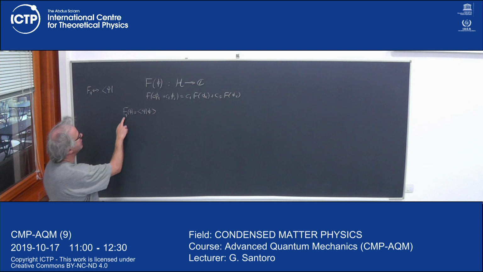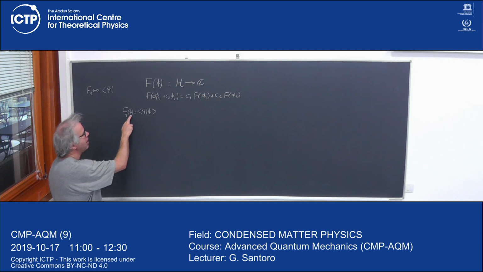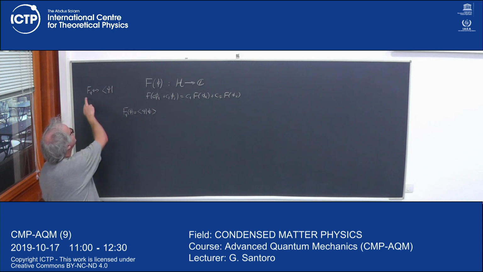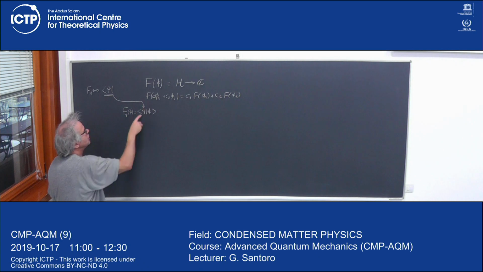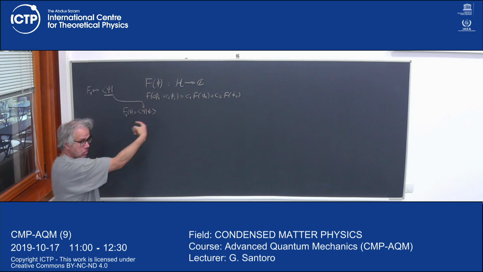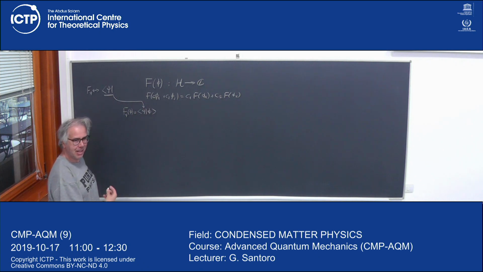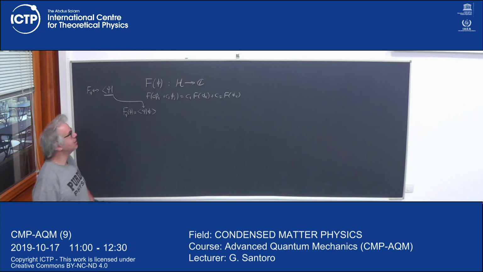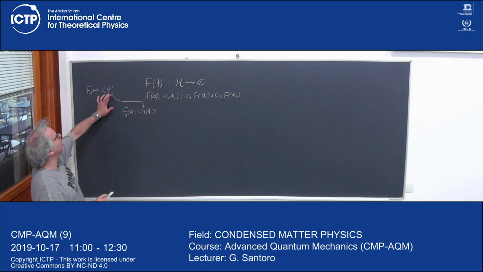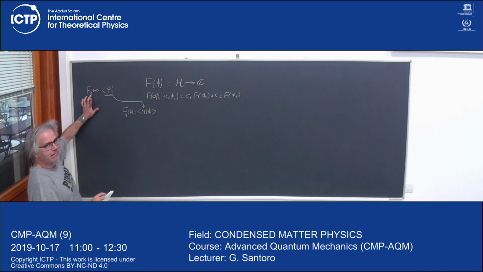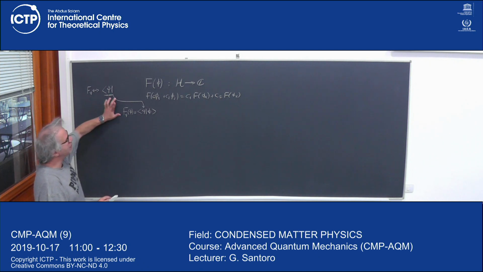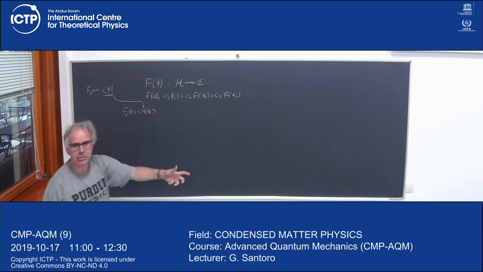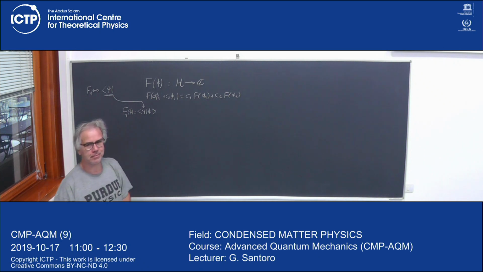Rather than define the functional depending on psi applied to phi, I write this object like that, which as you see has to somehow act on a state, okay? Is it clear? So in some sense bras are nothing but linear functionals waiting for some vector to act on. Alright? Good.